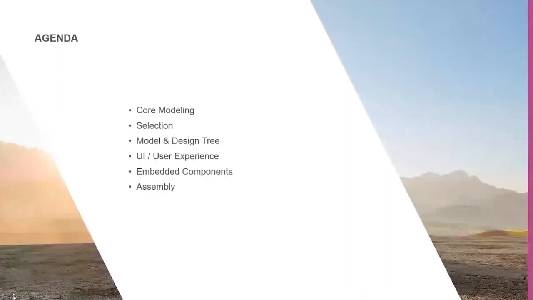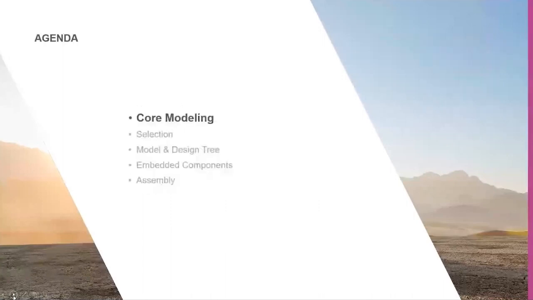And then general UI user experience things. Then something small with the embedded components enhancements, and at the end of the day, we do have assembly enhancements. At the next webinar, I'm about to talk a bit more about simulation products and how they integrate with Creo Parametric. But now we move forward to the core modeling.